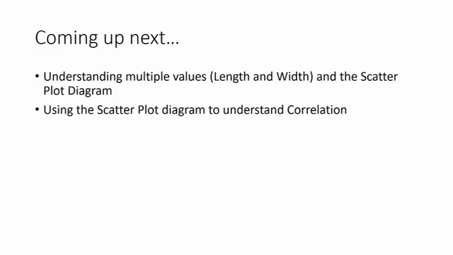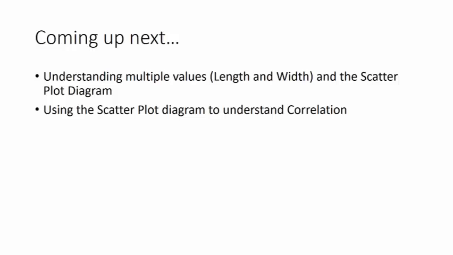So those are fantastic things, but they've only been looking at one of our measurements, the length, or univariate analysis, just how one item, uni meaning one, varies, variate, univariate. But we like to also have a bivariate analysis because our hypothesis, our theory, says that we think that potatoes get wider as they get longer. So in our next presentation, we're going to understand how to do analysis of multiple values, the length and the width.